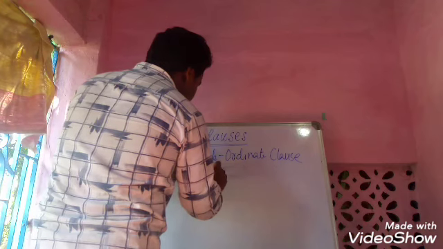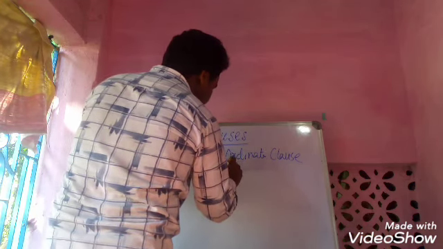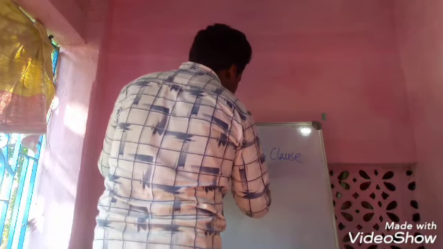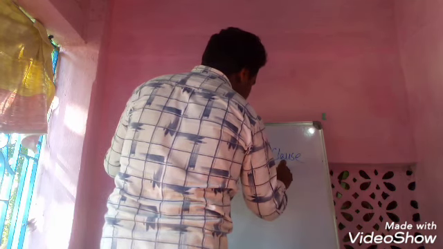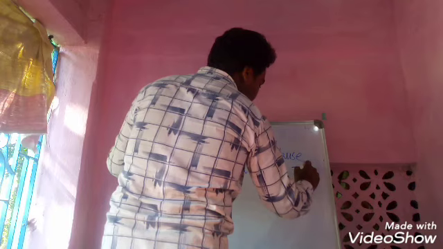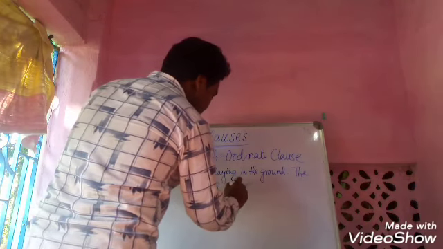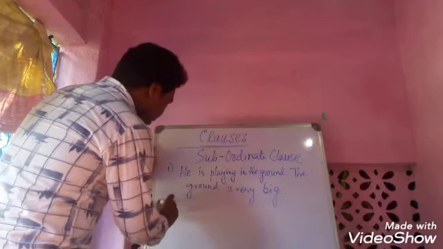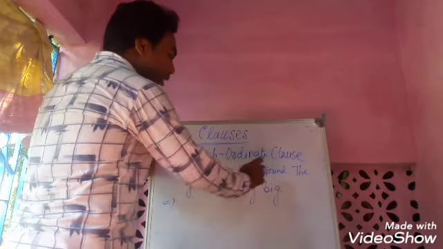He is playing in the ground. Full stop. The ground is very big. So how can I join it using clause? He is playing in the ground.